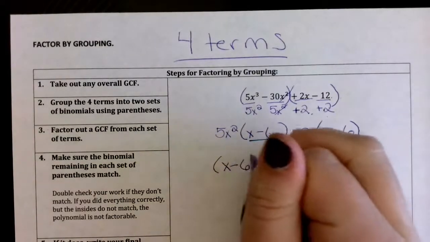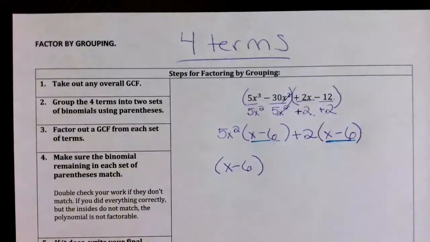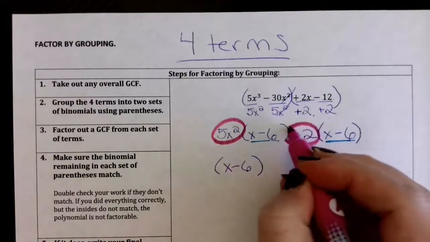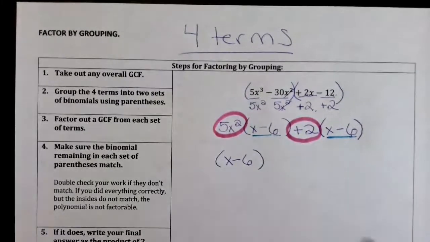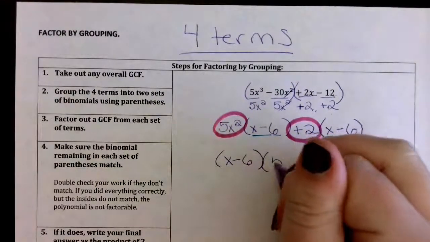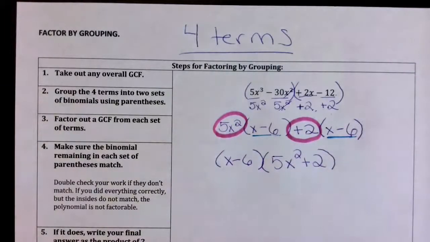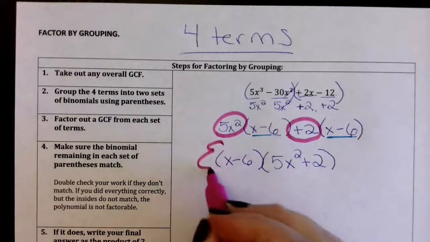I can pull that x minus 6 out, write it one time, and then my remaining 2 terms, 5x squared and plus 2, get written as one binomial. And this is the factored form of our original problem up top.